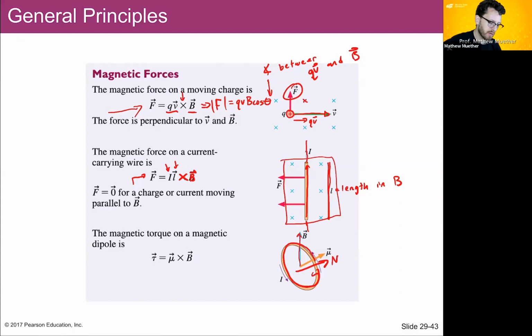The north sides are attracted to one another and the south sides are repelled, and it wants to align the external magnetic field with the magnetic field generated by the loop. The torque applied is equal to the magnetic dipole moment, which we'll talk about more tomorrow, times the strength of the magnetic field.